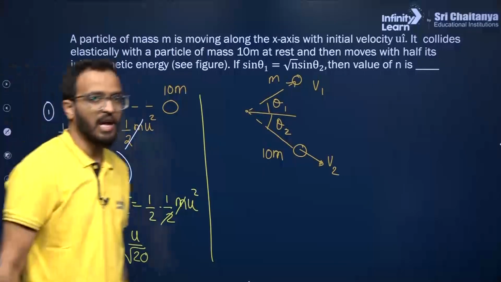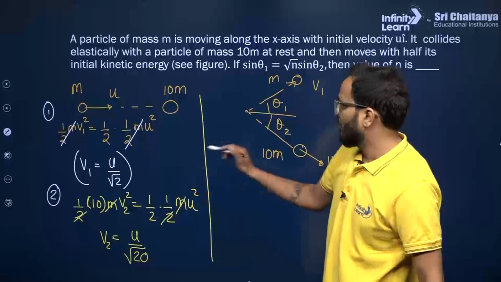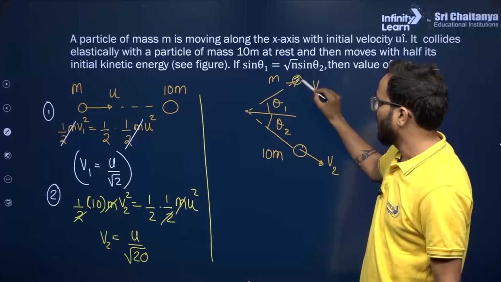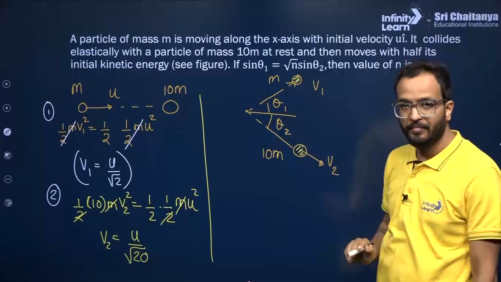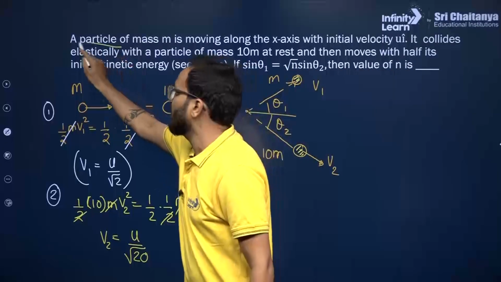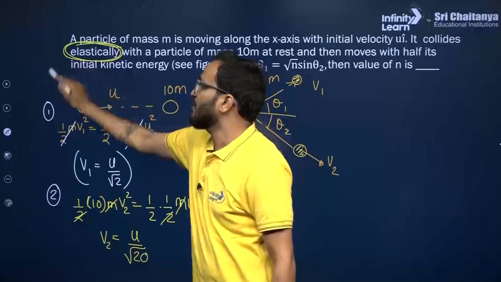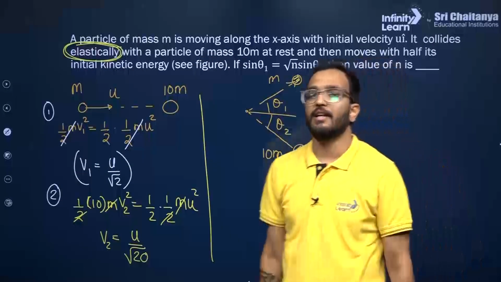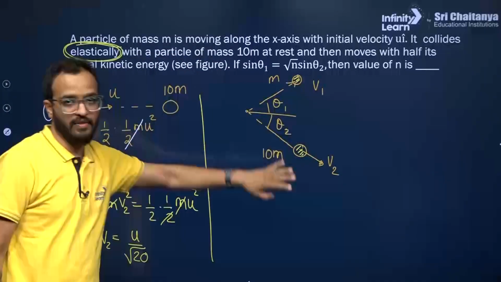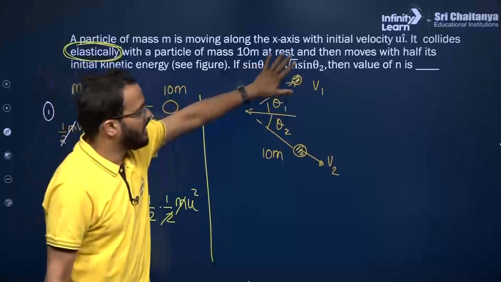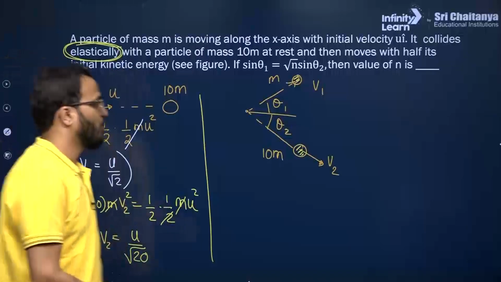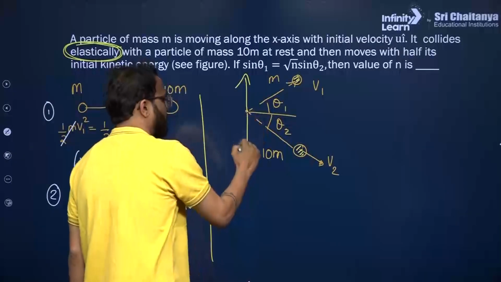Because they have clearly mentioned that half of its initial kinetic energy is taken by the mass m itself and the remaining half is given to 10m. Why are we considering that? Because the collision is elastic. Since the collision is elastic, there will not be any loss in kinetic energy. If half of the kinetic energy is taken by m, then definitely the remaining half would have been taken by 10m only. So this will help us find this. Now in the vertical direction, we can say momentum is conserved.